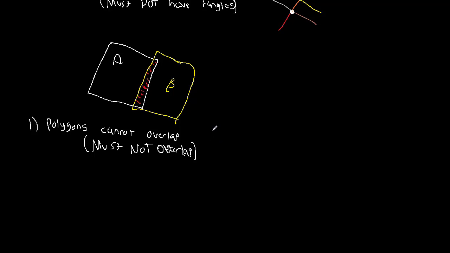And so what would happen in that case, if we implement rule 1, is we would end up, let me try and do this in a slightly better manner here, what we would end up doing is actually creating a third polygon.